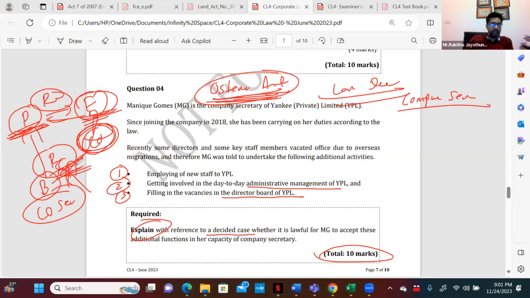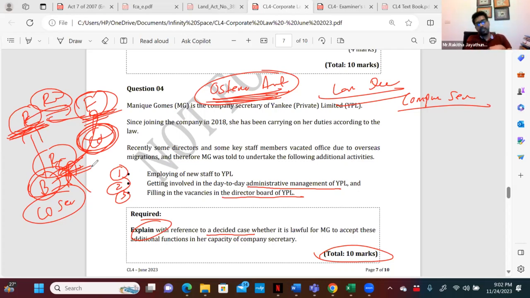The company can recover it from the company secretary, but they cannot tell the people who provided the service, we can't make the payment. Otherwise, what will happen? They will ask the director to enter into the contract, and later they can say, we are not responsible. You ask the director or you ask the secretary. You can't escape from that obligation because the directors and the secretaries have the ostensible authority.